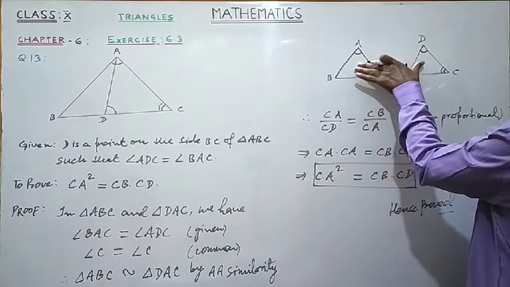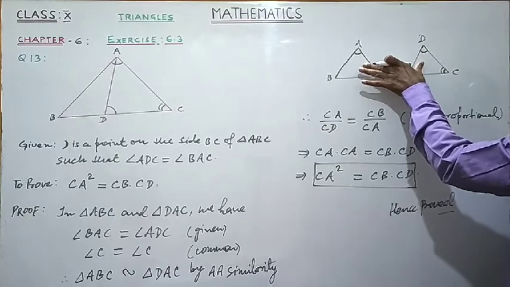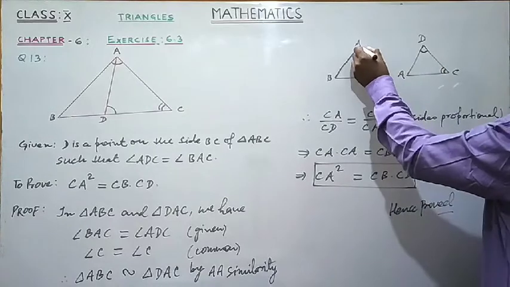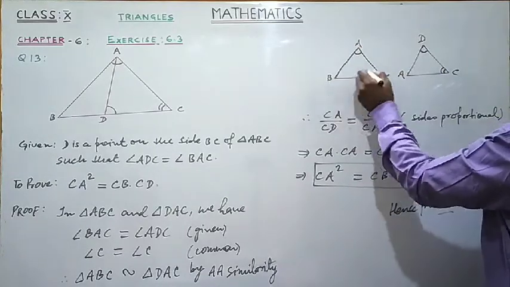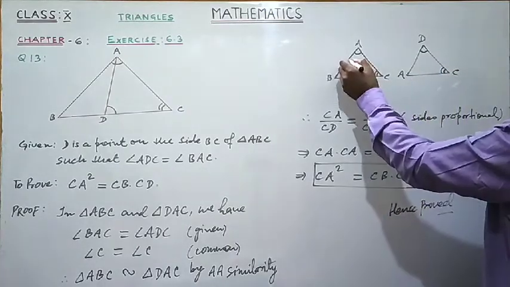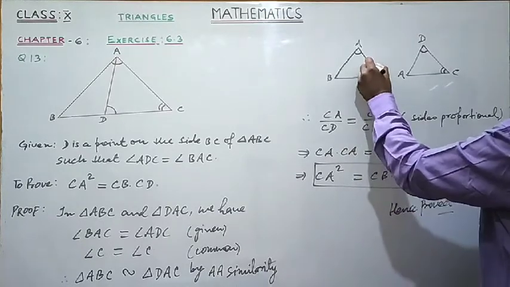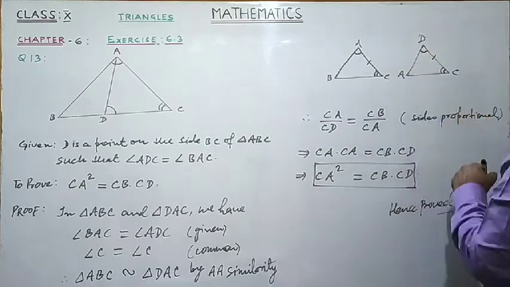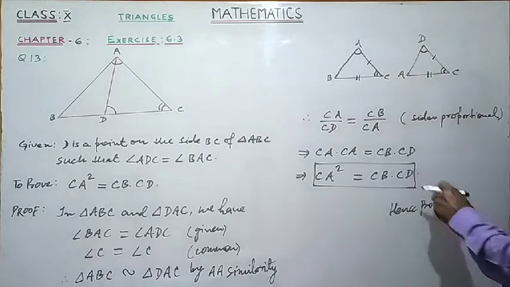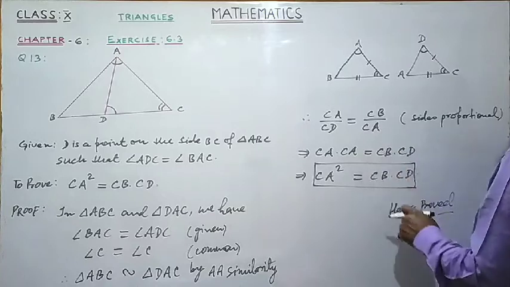Now we have drawn these two triangles ABC and DAC in the right correspondence. Vertex A corresponds to D, B corresponds to A, and C corresponds to C. So this CA by CD equal to CB by CA. This is what we have written here, sides proportional.